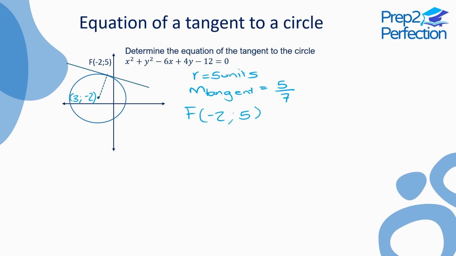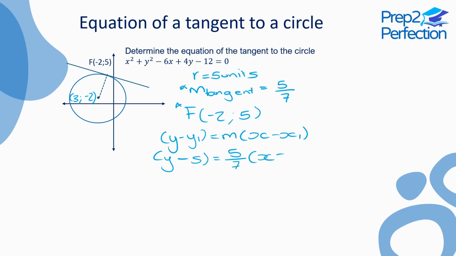From here, we just use the straight line equation, so y − y1 = m(x − x1). We use the coordinates from point F and the slope from the tangent. We plug these in: y − 5 = the slope of the tangent, (x − (−2)). Now we just clean up everything.